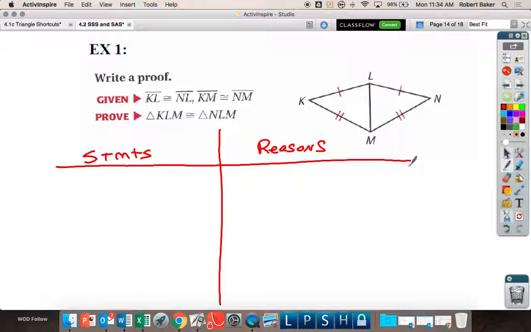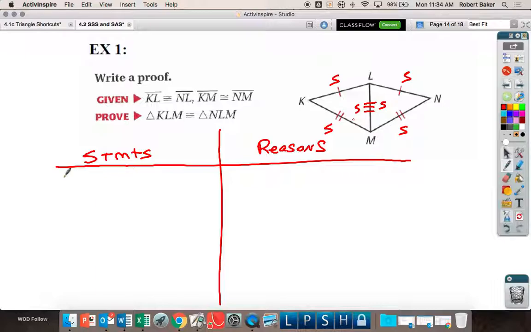Yes. What shortcut do you think it is? So we have one pair of congruent sides, we have two pairs of congruent sides, and we need to justify why the third side is congruent to itself. Now, we've kind of predicted our future. We want to use the side shortcut. We have to list all the information down so we can do that.